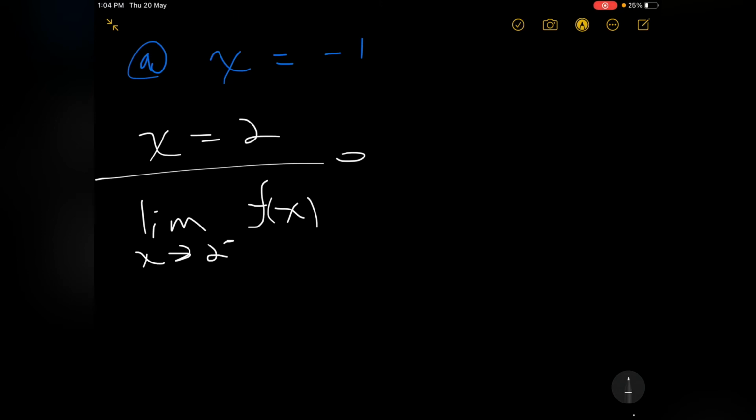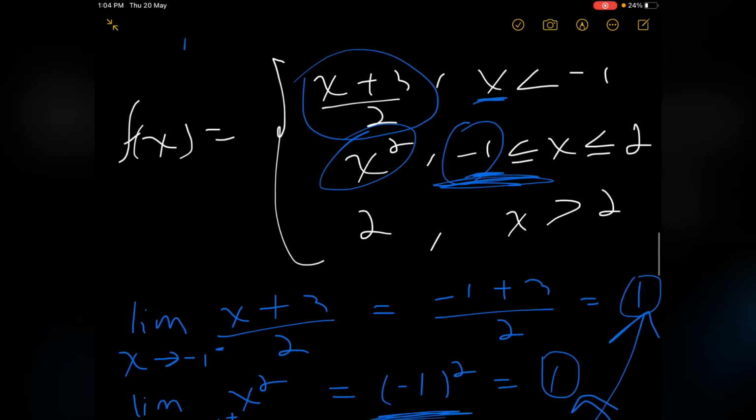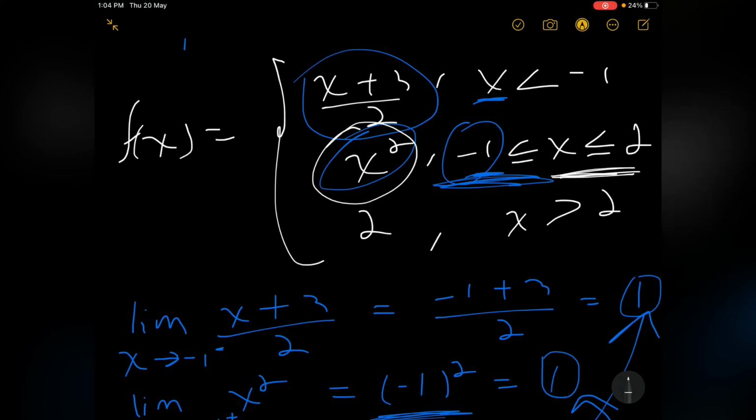When we're approaching 2 from the left, we'd use this function. And the reason for using this function is because the values are less than or equal to 2, meaning that all the values here are from the left side of 2. So we're going to use x squared when we're approaching from the left.